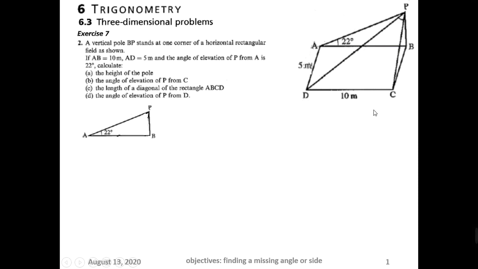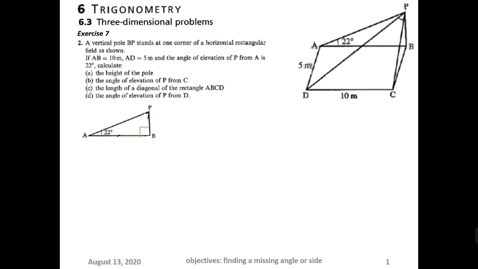Let's start by drawing a little sketch of the triangle, which is BAP, or we can call it PBA, as per the right angle triangle, which is B here.